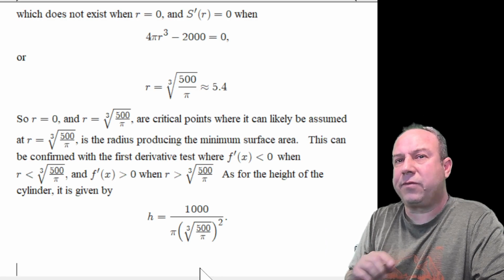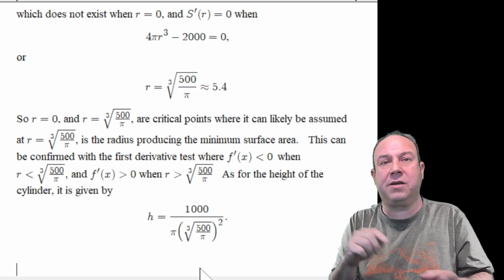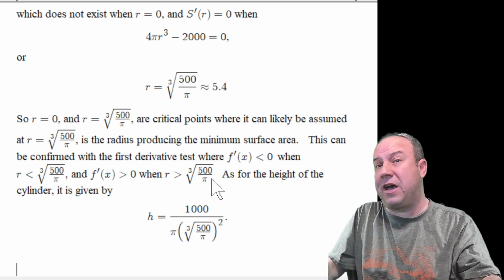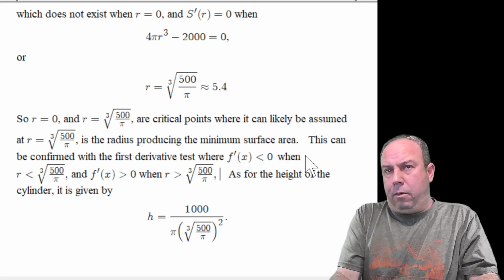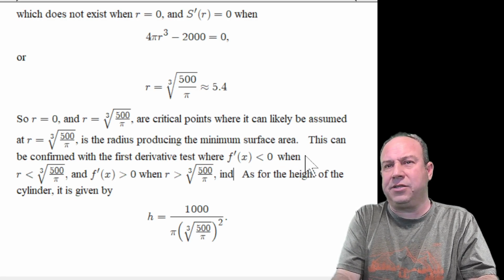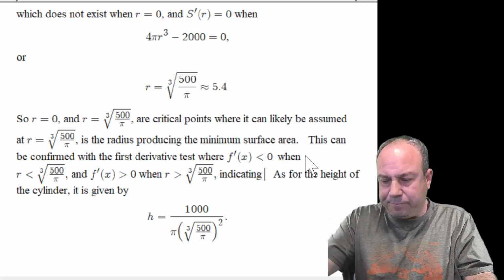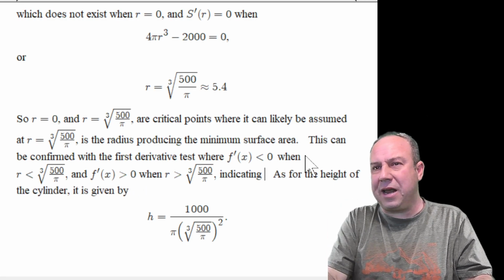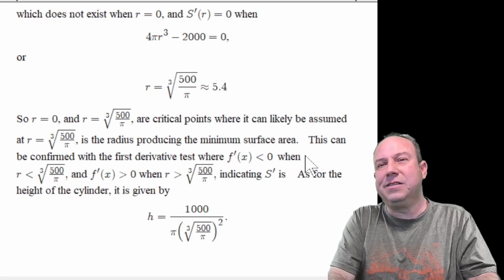This can be confirmed when the first derivative test, where f prime of x is less than 0 when r is less than this value, and f prime of x is greater than 0 when r is greater than this value, right? Maybe we should say here indicating, and I got to go back and change one other thing here. We're indicating here, we're not actually talking f prime, we're talking s prime.